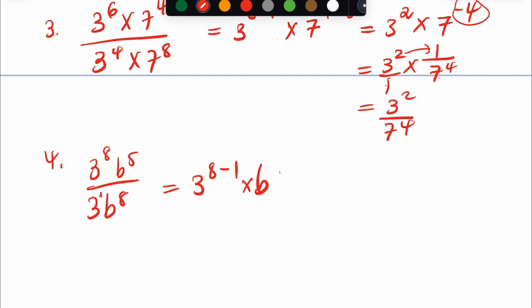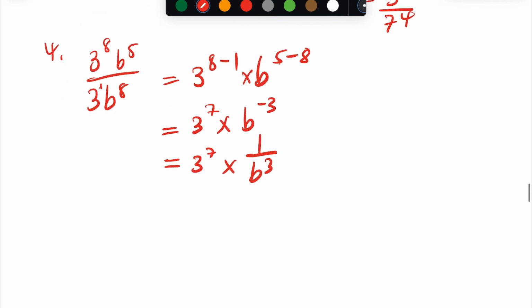So it's going to be b to the power 5 minus 8. So it's going to be 3 to the power 7 times b to the power negative 3. So this is going to be 3 to the power 7 times 1 over b to the power 3. And then this will times this, and this will times this. So it will be 3 to the power 7 divided by b to the power 3. I hope really that makes sense.